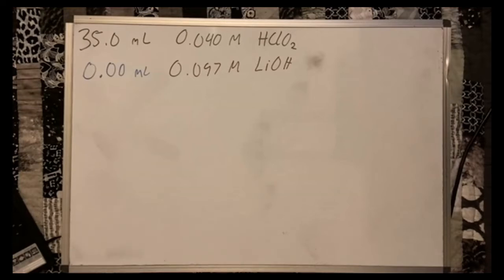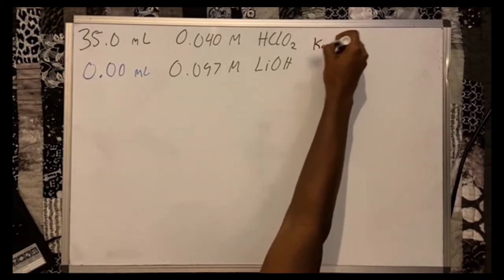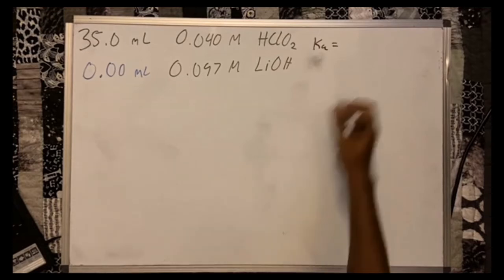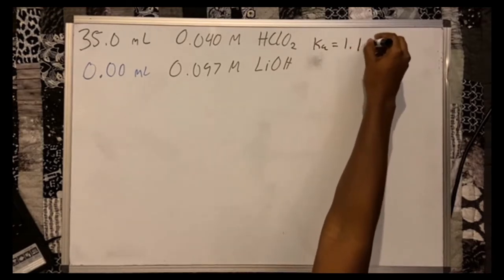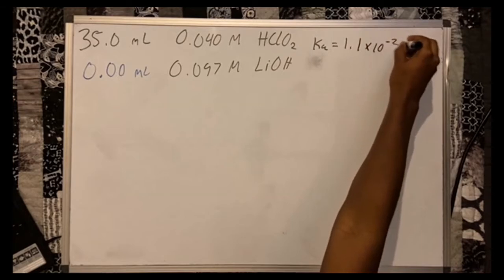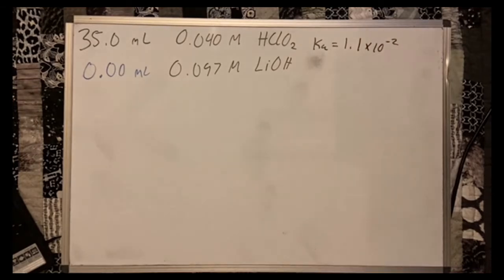So Ka equals 1.1 times 10 to the negative 2. Okay, now we have Ka. Now we can do it.